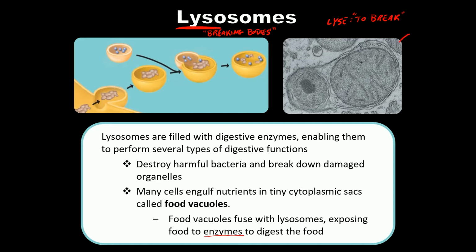Very cool. In this micrograph over here on the right-hand side, you can see a lysosome and it's starting to digest a broken organelle. This is a mitochondria that it's going to take down into constituent parts. So lysosomes can break down bacteria, especially when we're talking about white blood cells after they engulf some bacteria. They can break down broken or damaged organelles and reuse the parts.